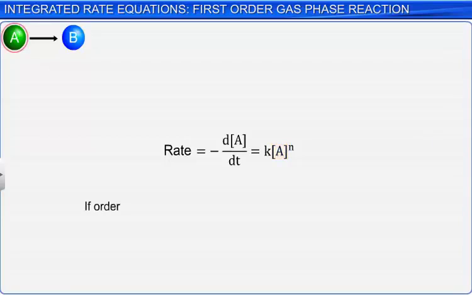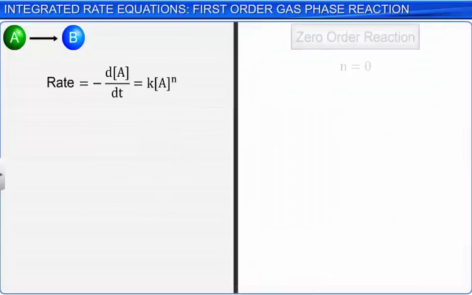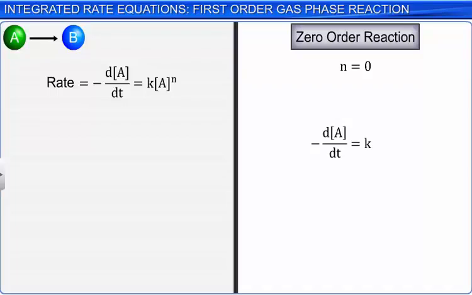If the order of the reaction is 0, that is, if the rate of reaction doesn't depend on the concentration of the reactant, then n is equal to 0. Substituting n by 0 in the differential rate equation, we get minus dA by dt is equal to K, or dA is equal to minus K into dt.